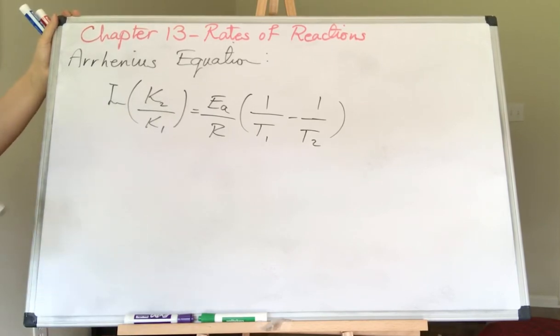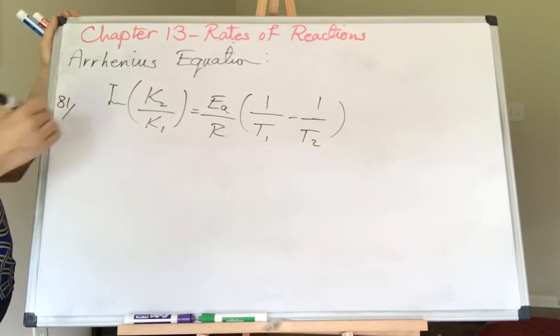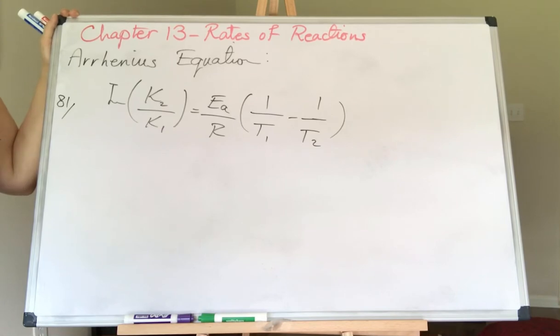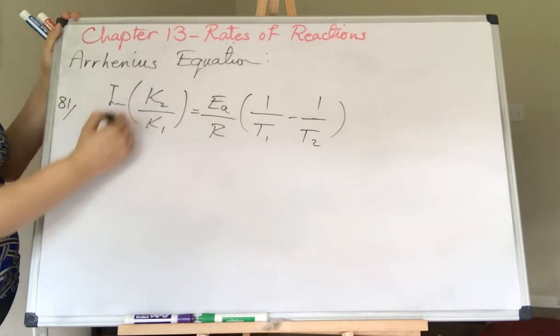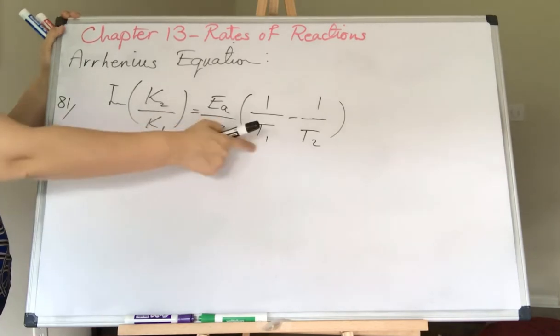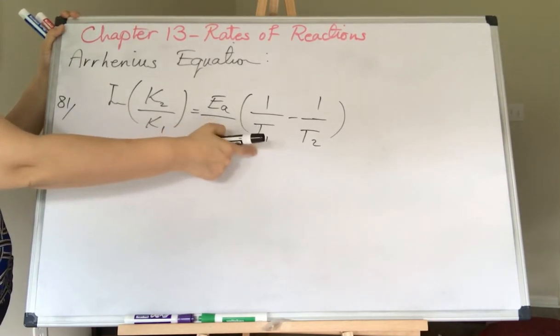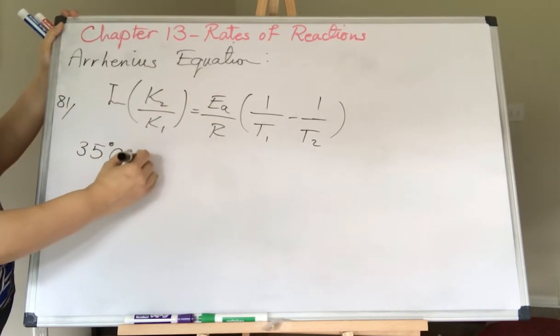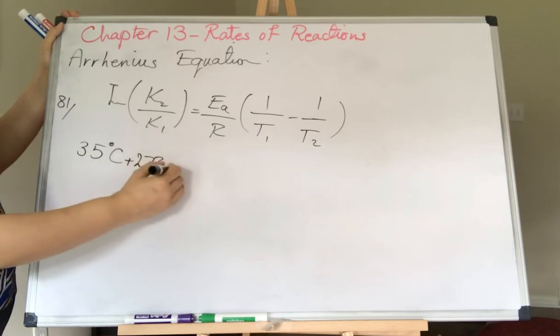So it takes us to slide 81. In a series of experiments on the decomposition of dinitrogen pentoxide, rate constants were determined at two different temperatures. At 35 degrees Celsius, you see in the Arrhenius equation the temperatures are given in Kelvin. So go ahead and add them to 273 right away.